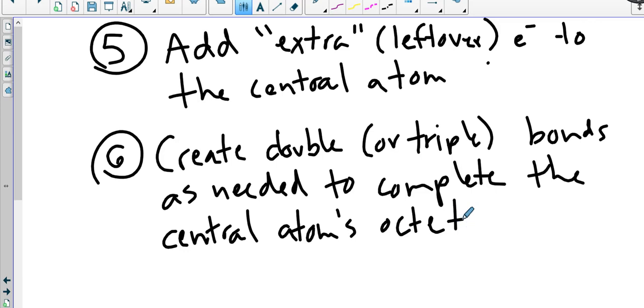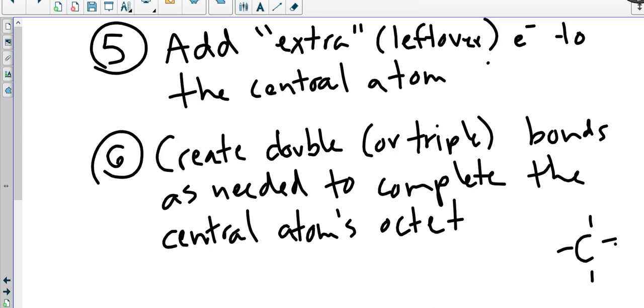Okay, one more step after this. On the example that I did, carbon was looking like this, and so it needs to have 4 bonds, and its octet was full. So I don't need to make any double bonds, but sometimes you will.